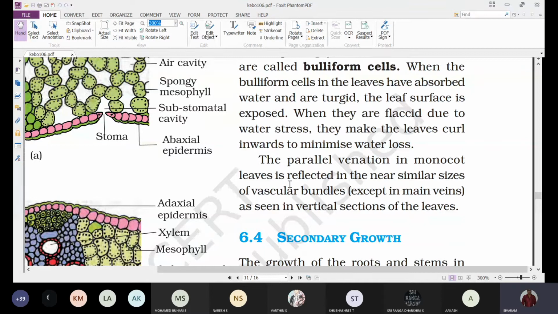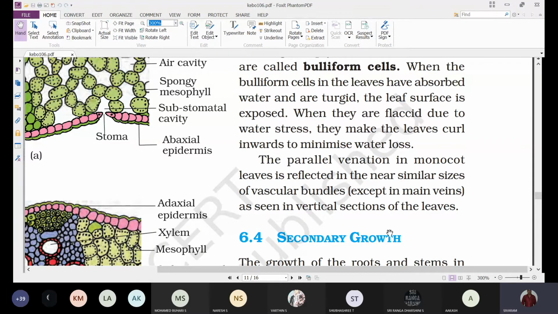Next, when you observe the monocotyledonous leaves, they usually possess parallel venation. All the veins that arise from the midrib have the same size. That is also reflected in the vascular bundles. So the bundles in the veins that arise from the midrib show similar sizes.